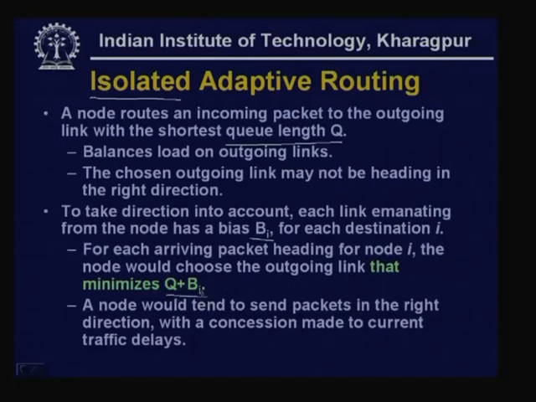That means the queue length and the bias are added together, and the link which minimizes Q plus Bi is used for forwarding. Whenever you do that, a node would tend to send packets in the right direction with a concession made for the current traffic delays. That means this Q factor takes into account the current traffic delay, while this Bi, the bias, will try to send in the right direction.